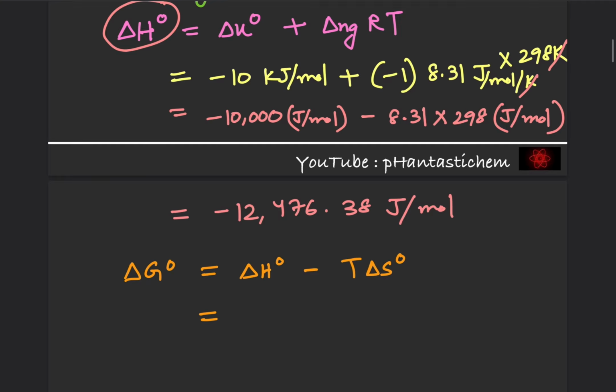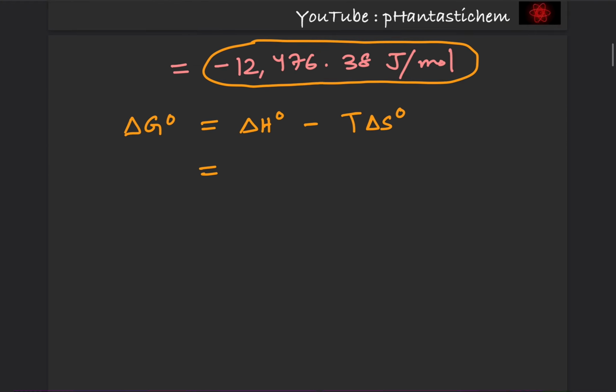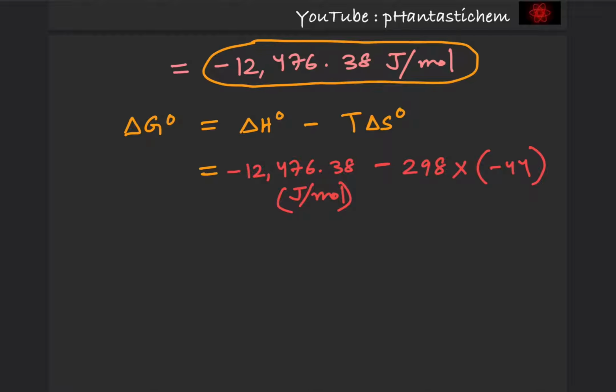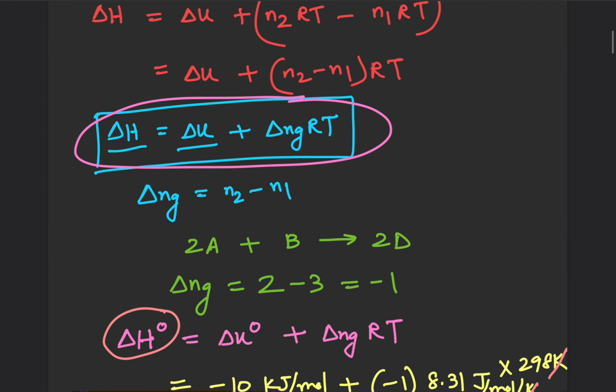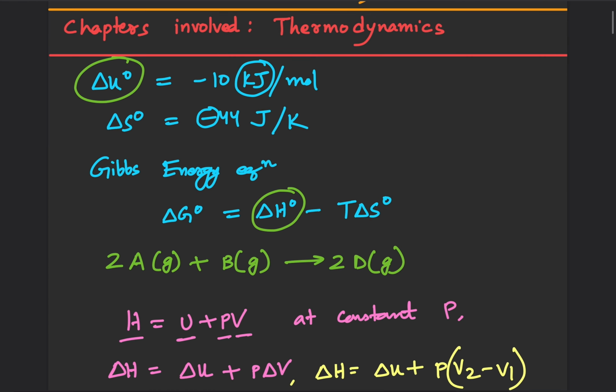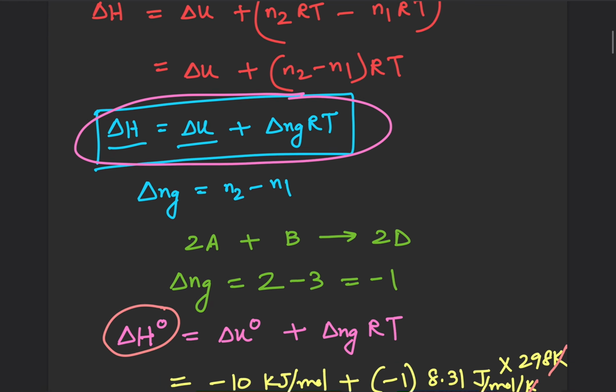Delta H naught we just calculated as minus 12,476.38 joules per mole, minus temperature, which is given to us as 298, and delta S naught is given to us as minus 44, and the units of delta S is joules per Kelvin.